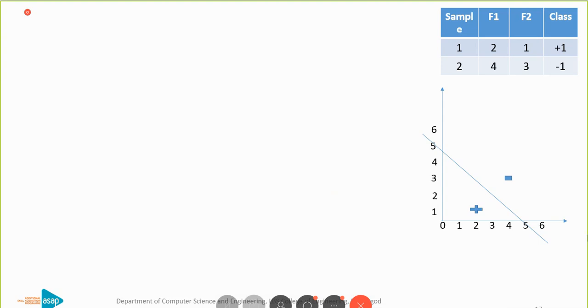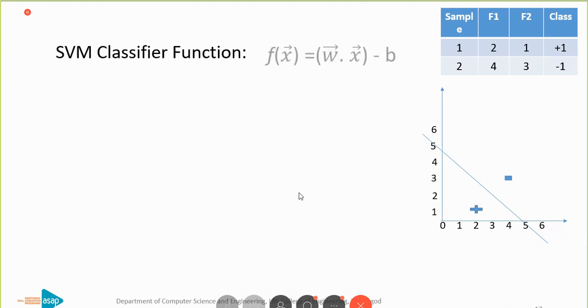So the classifier function is f of x is equal to W dot x minus B. We already have the vector W, and we also have the vector x. For the time being we use this x as x1 and x2, because it is your model now.